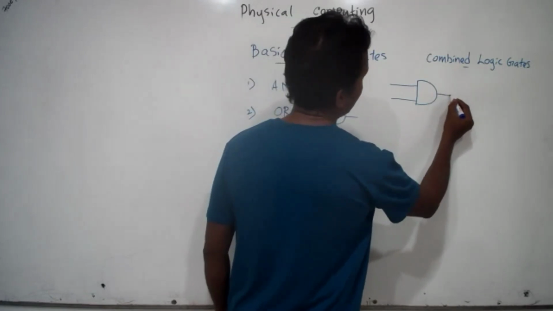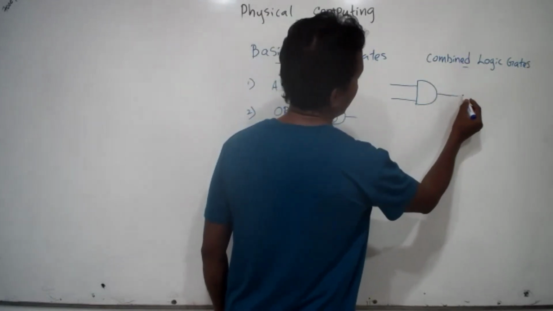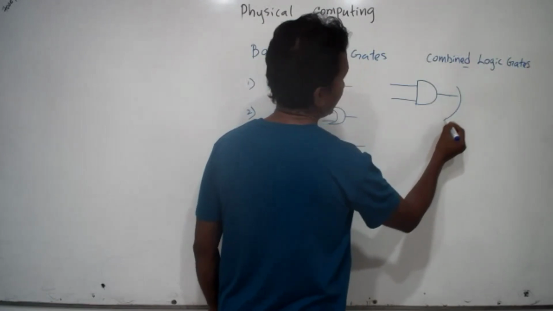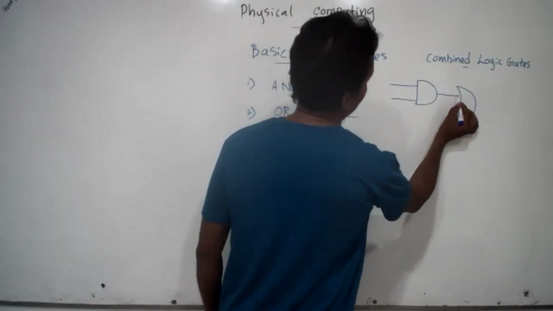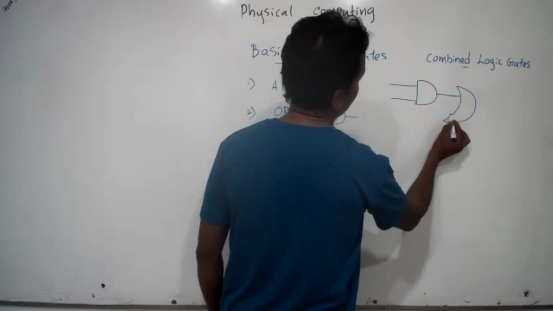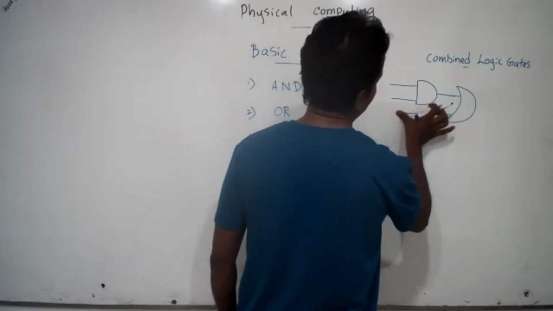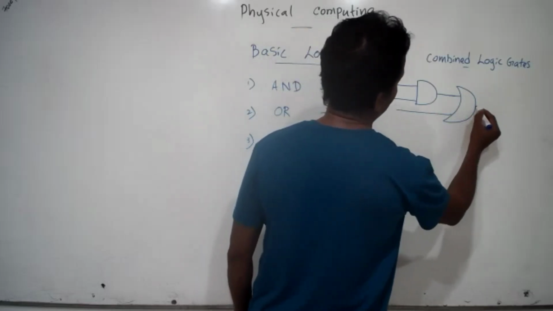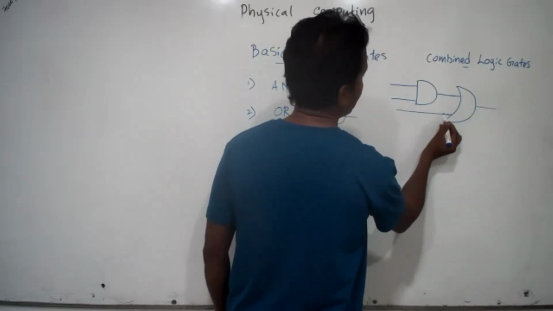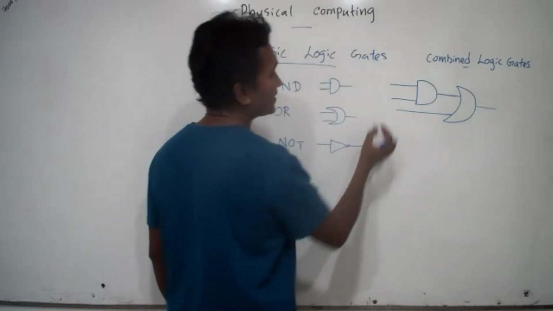So the output of this logic gate is input to some other logic gate, right? So this is a kind of combined logic gate.